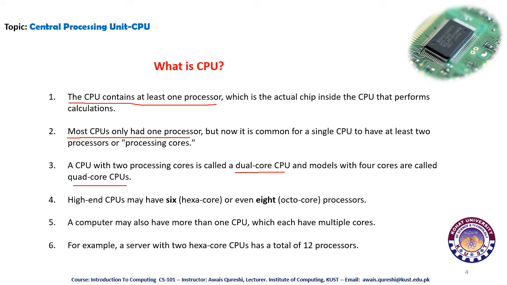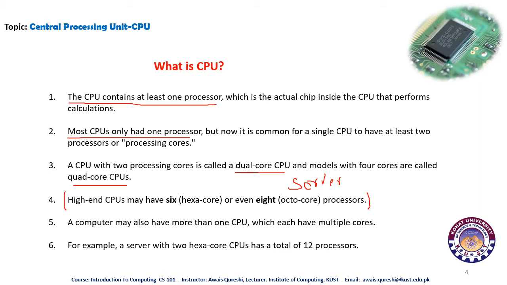So the older systems are dual core CPUs, and the modern systems are quad core CPUs. High-end CPUs may have 6 or even 8 octa-core processors. This is a special case, and these 6 core or 8 core processors are coming in the older servers, not in the desktop, but on the servers.